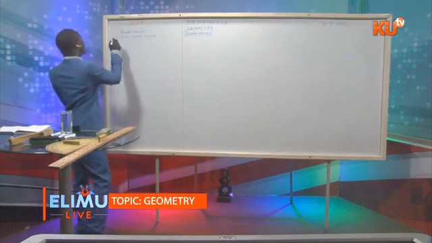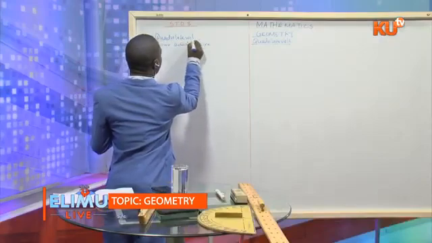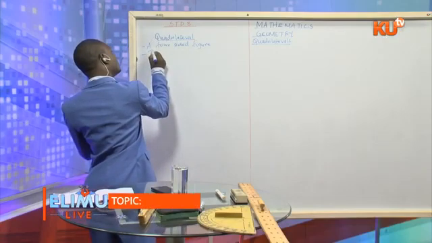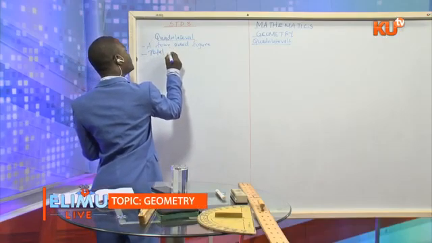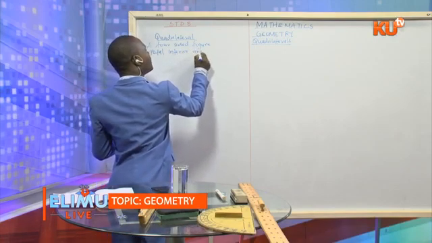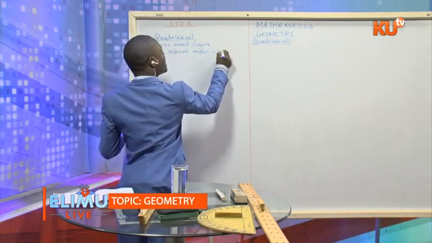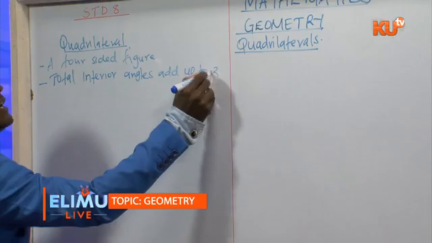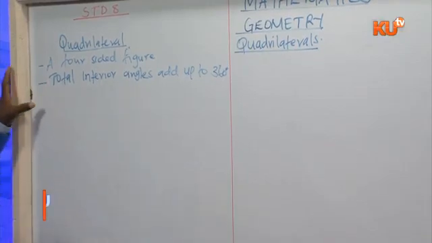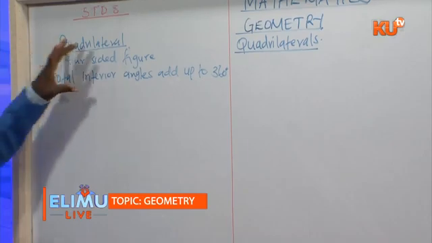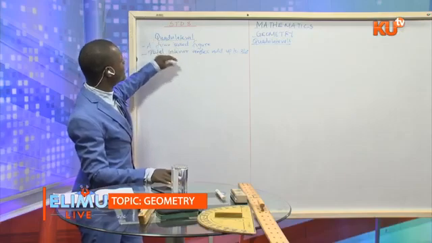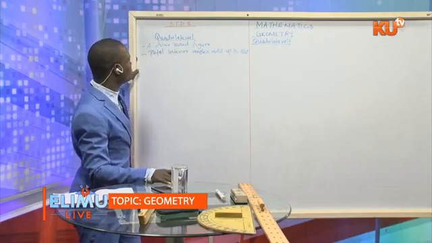Now, the other unique thing about quadrilaterals is that the total interior angles add up to 360 degrees. This is very important, learners, because sometimes you are asked which of the following is true about quadrilaterals.